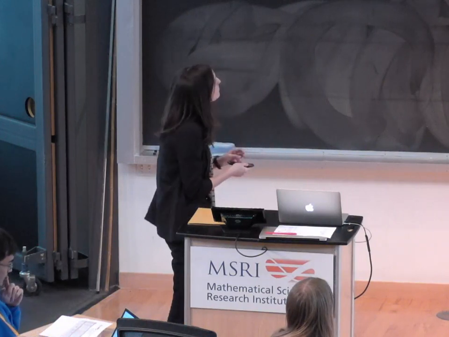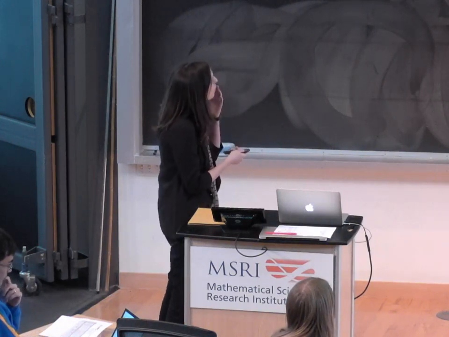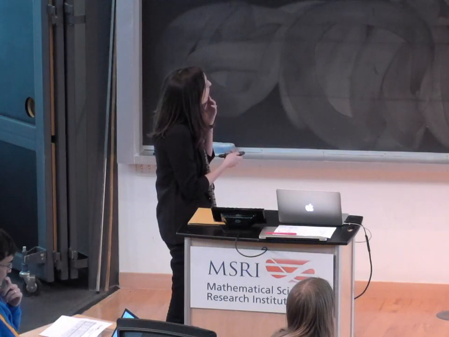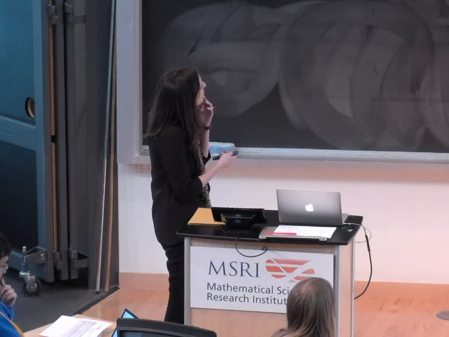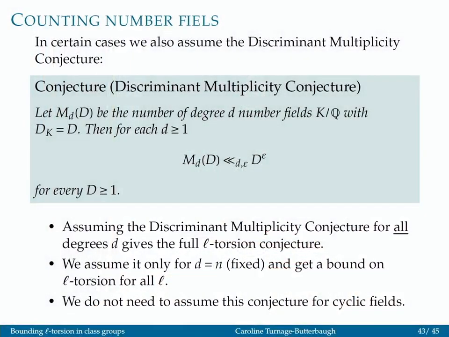Yeah, Frank. So you mentioned that in some cases you assume a weak form of Malle's conjecture. Could you please say again what goes wrong if you don't have this? So the issue is that, maybe I can just say without finding the slide, we have to be able to control how big and how small our family is, and we have to be able to control how many possible bad families we have within it.